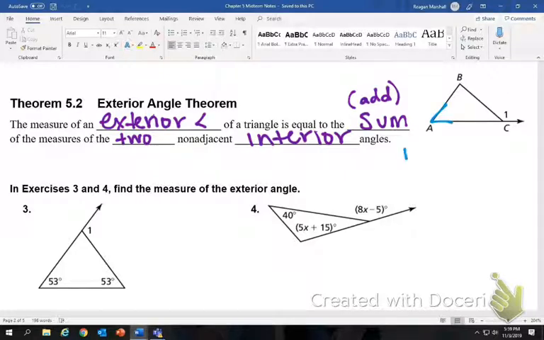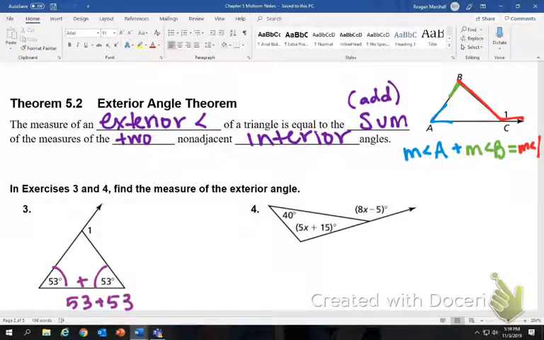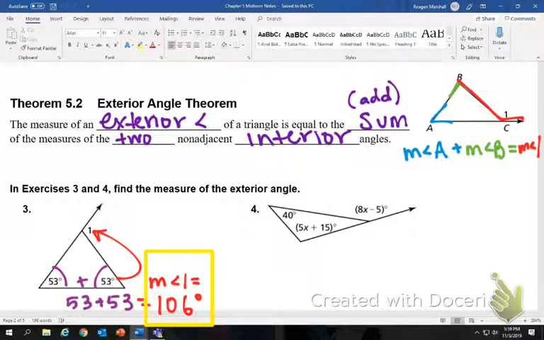So in this picture, that means the measure of angle A plus the measure of angle B equals the measure of angle 1. So add the two inner, and they will equal the outer. So my two inner, 53 plus 53, they will equal the measure of the outer angle, so 106. So the measure of angle 1 is 106 degrees.